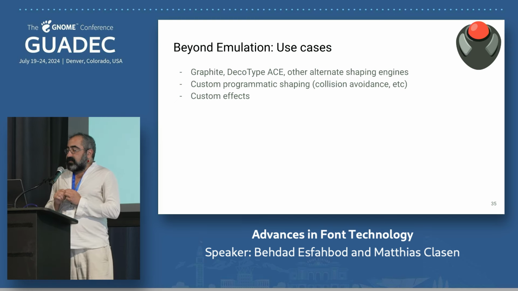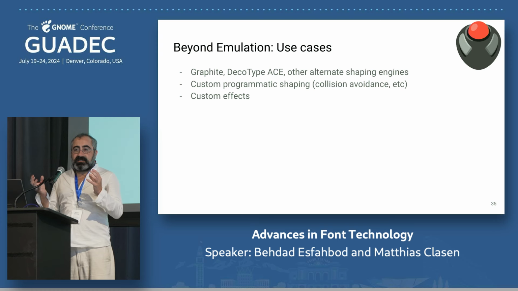So, for example, I mentioned Arabic. There's different Arabic shaping engines other than OpenType because OpenType just cannot do Arabic properly. So Graphite, DecoType, and other alternative shaping engines exist. So the problem is if you have a font built against Graphite or DecoType, it won't work on most places. You need a specific shaping engine, and they work together.